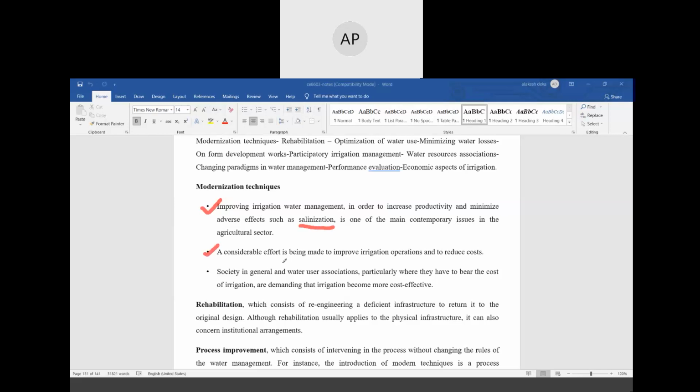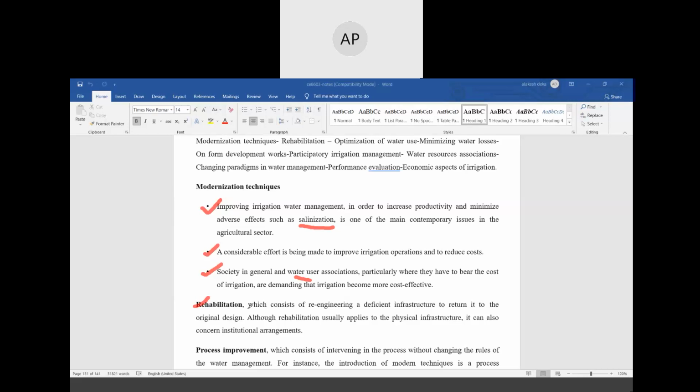A considerable effort is being made to improve irrigation operation and reduce cost. Society in general, and water user associations particularly, where they have to bear the cost of irrigation, are demanding that irrigation becomes more cost effective.